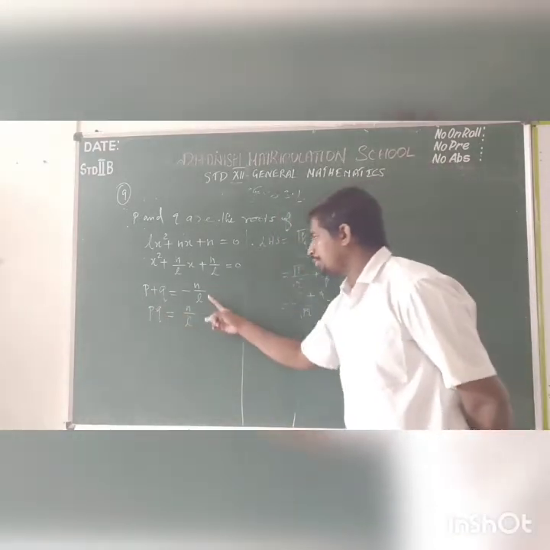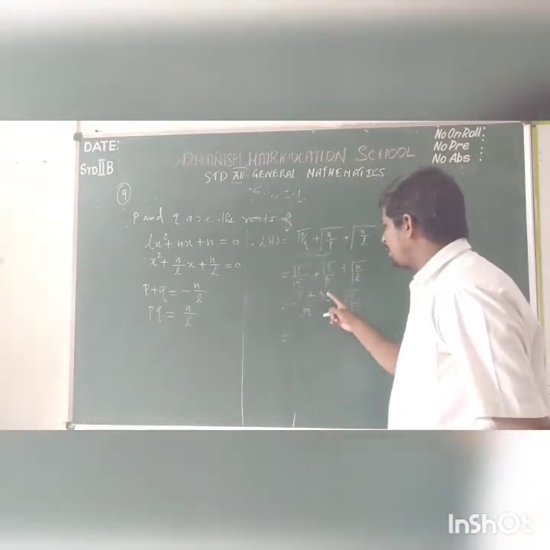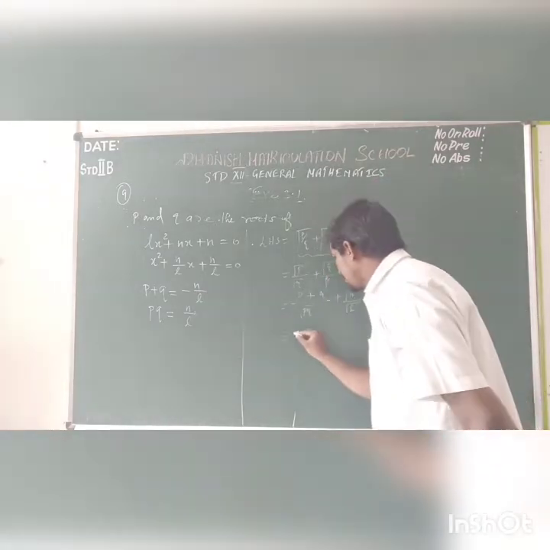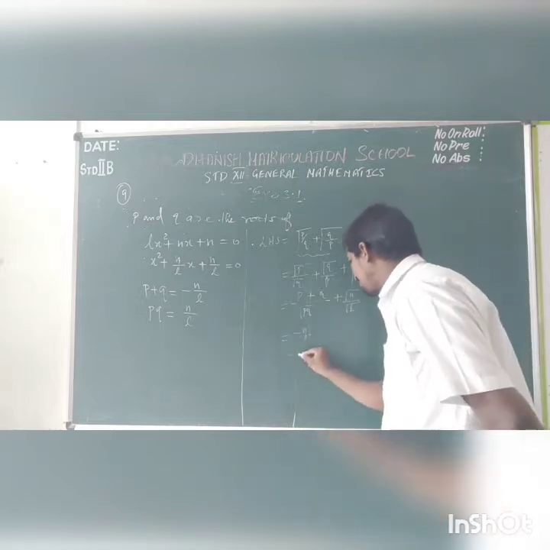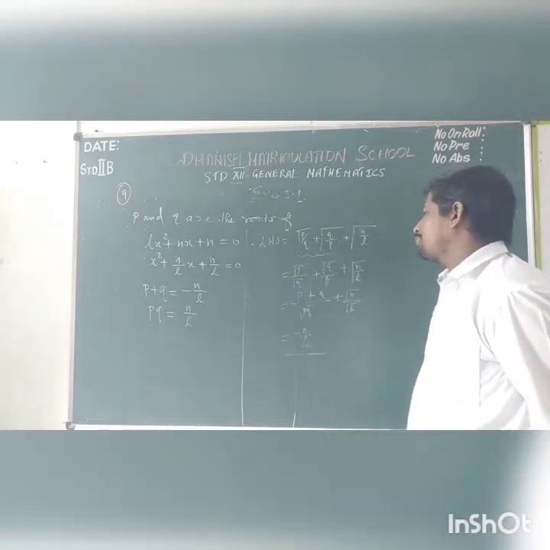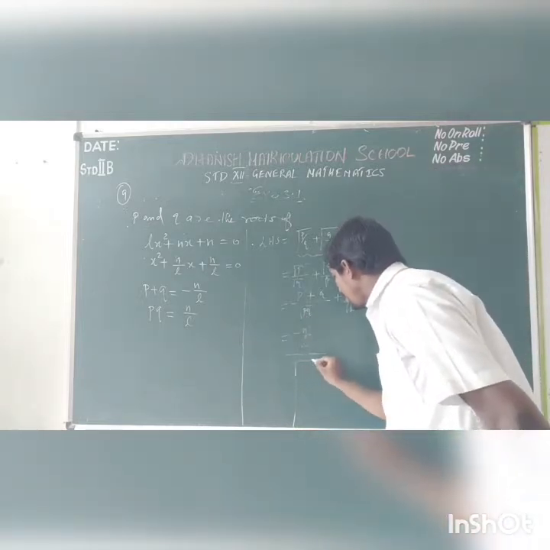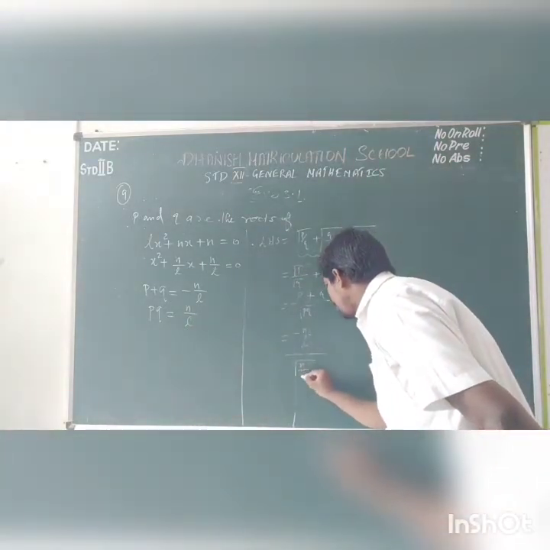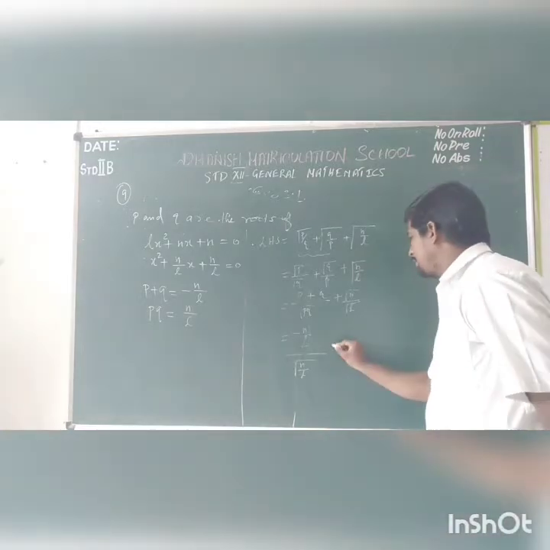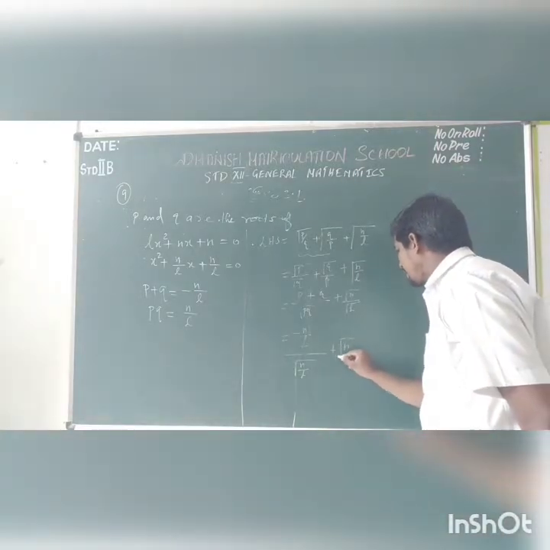Now I am going to substitute these two values. So the numerator will be minus N by L divided by root PQ. What's our root? The value of PQ. Our value of PQ is N by L, plus root N divided by root L.